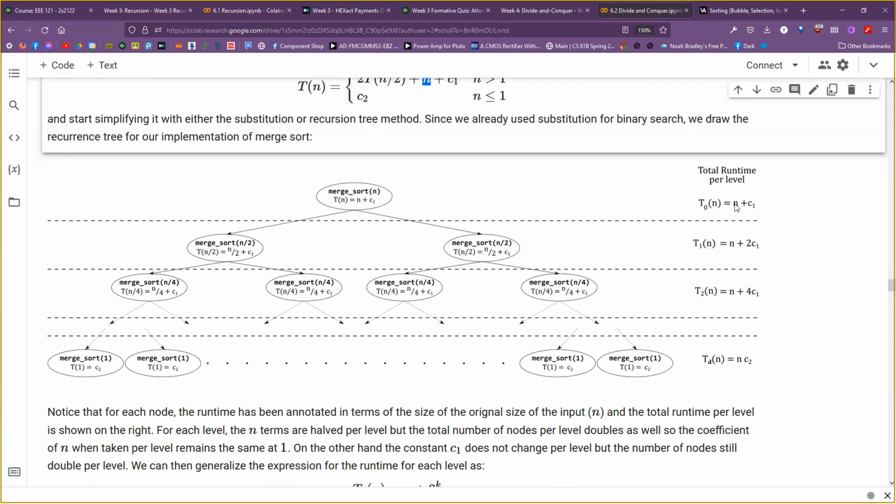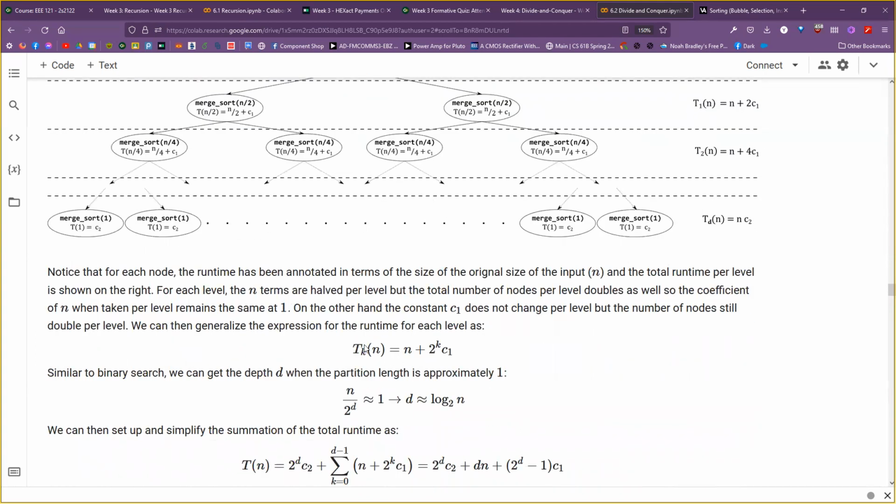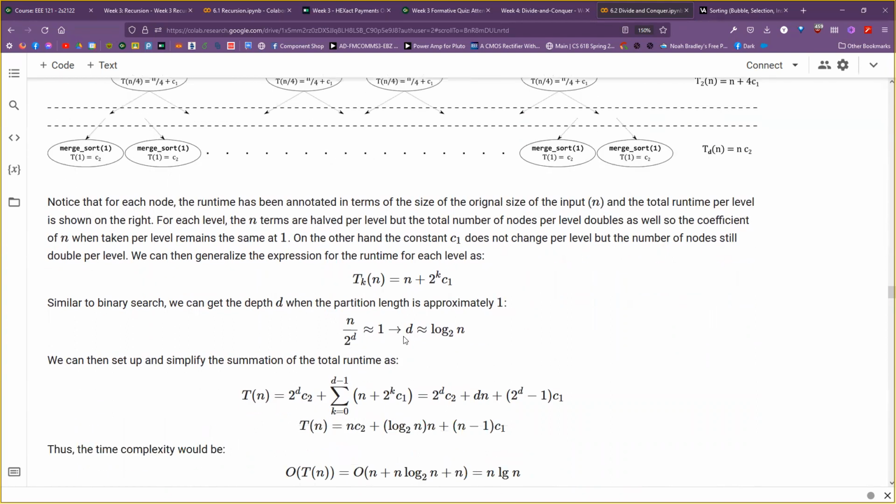So yung total na term or total na number per level is constant siya na merong n and then plus some constant na lumalaki. And eventually, ito yung makukuha na expression per level: n plus 2 to the k times c1. At si k yung depth natin. So yung ating depth ay log n.